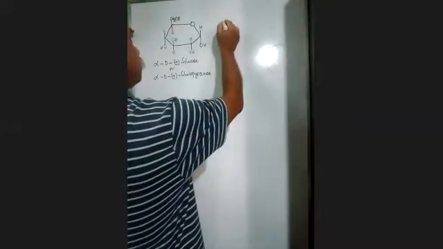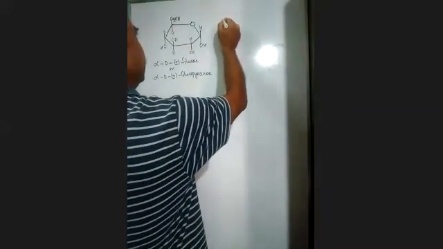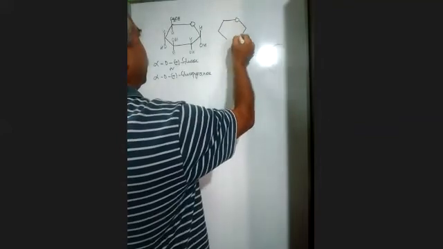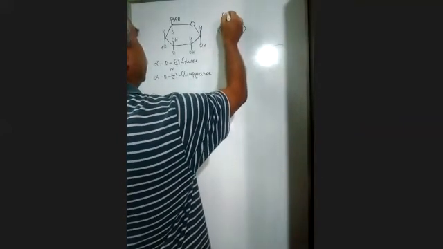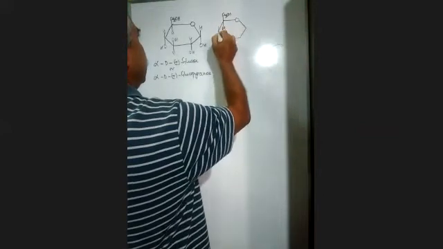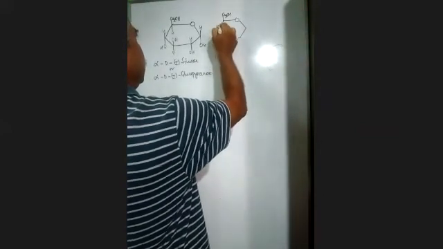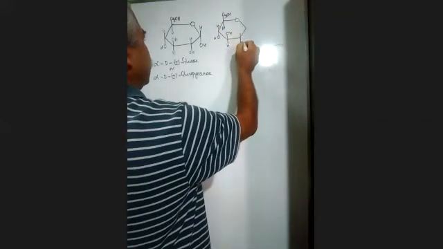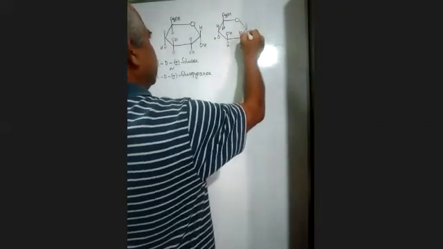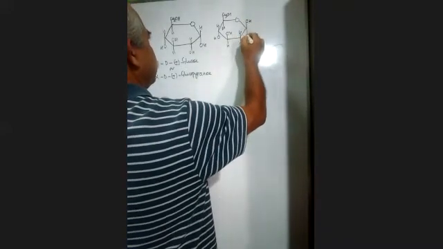Similarly, CH2OH, H, OH, H, H, OH. And here the OH at the top is beta.